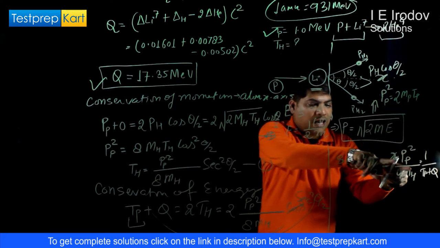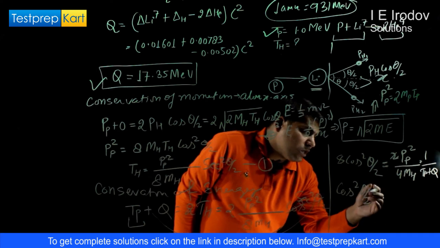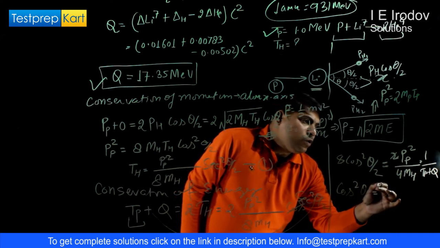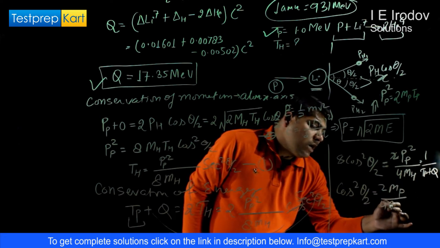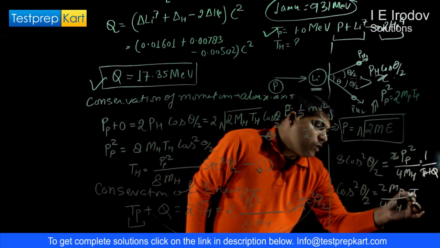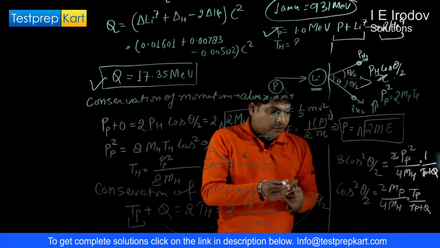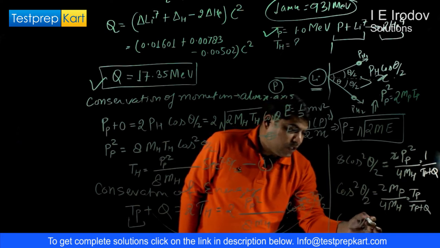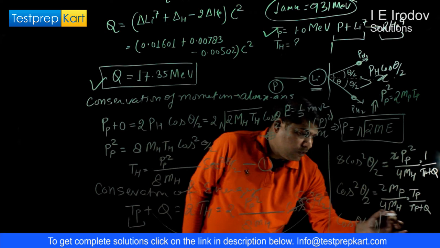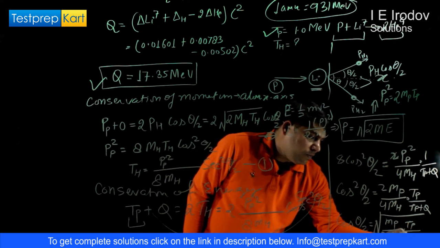So we will get cos square theta by 2 equal to 2 mass of proton upon 4 mass of alpha particle into Tp over Tp plus Q. From here we can say that cos theta by 2 is equal to the square root of MP over 2MH into TP over TP plus Q.